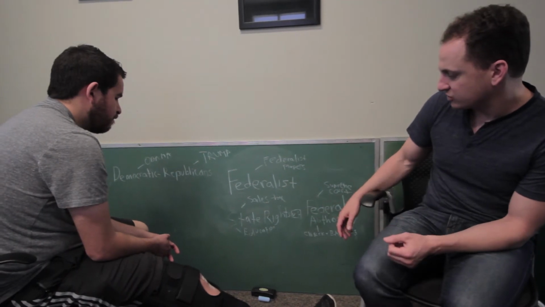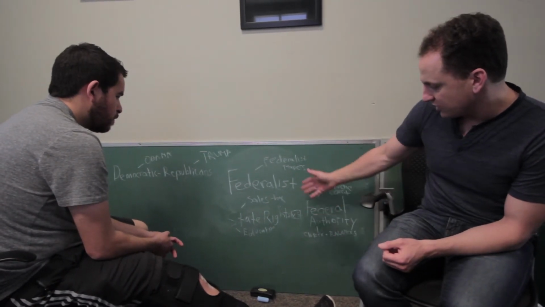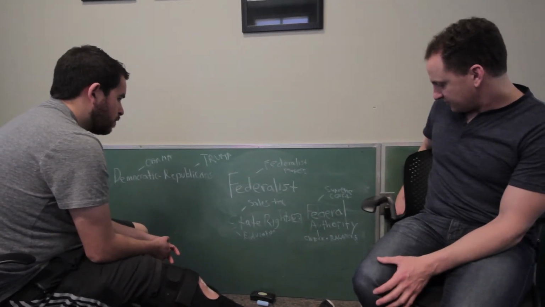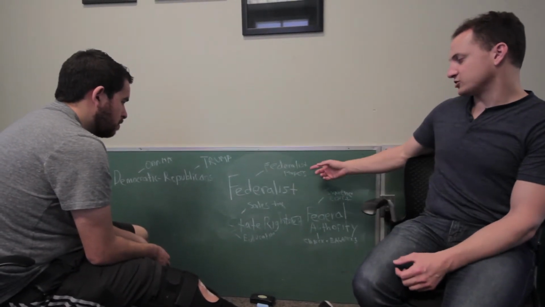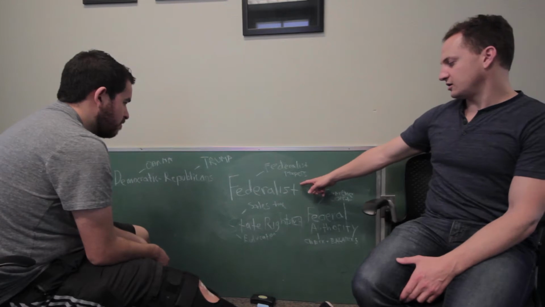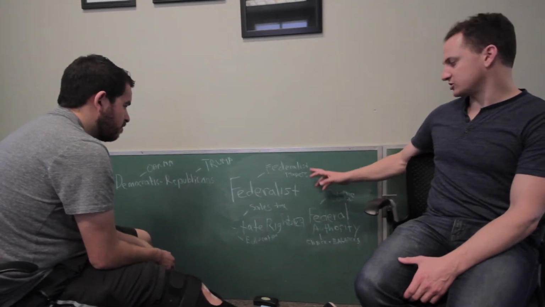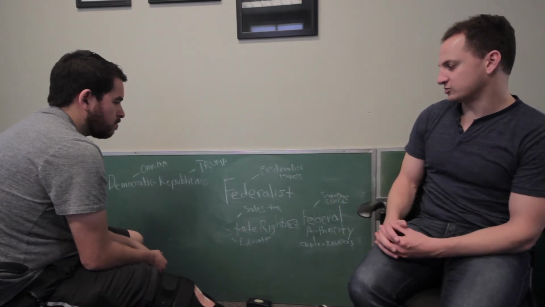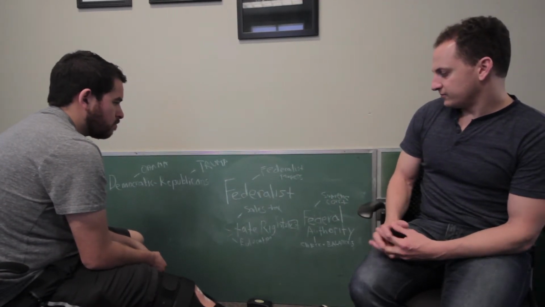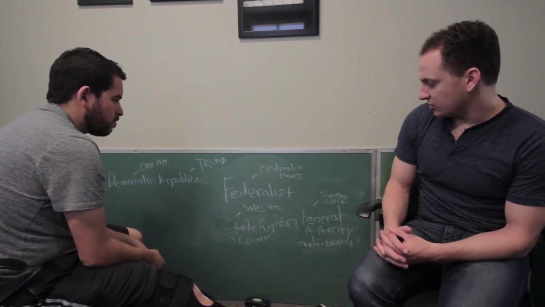Education is a primary purview of the state. Sales tax. Checks and balances for federal authority, the Supreme Court. Federalist Papers, good. That was exactly out of the Federalists. That was something that Alexander Hamilton and others had done with the Federalist Papers. So yeah, I can see that you guys are on the right track.